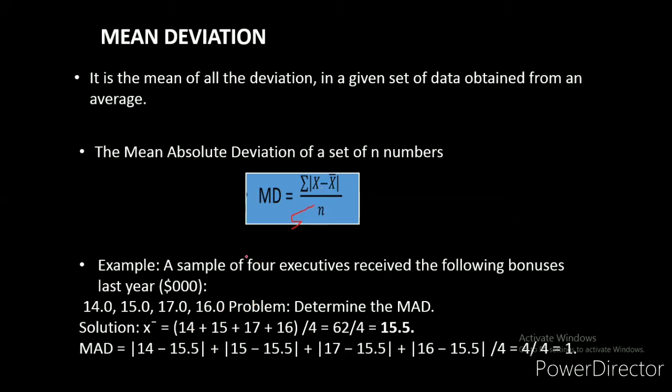Now the mean absolute deviation is |14 minus 15.5| plus |15 minus 15.5| plus |17 minus 15.5| plus |16 minus 15.5|, divided by 4, which is 4 by 4, equal to 1. This is the mean absolute deviation.